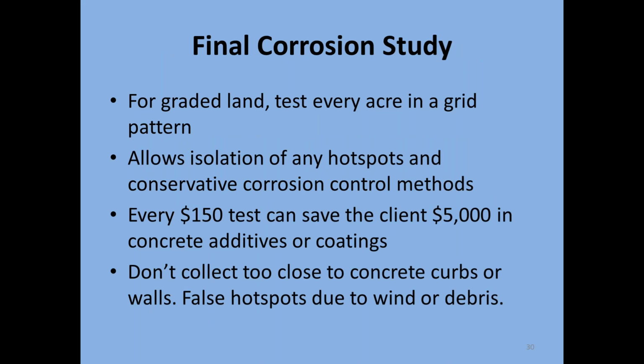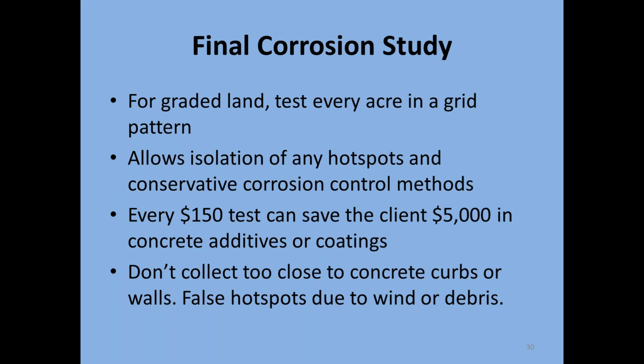And for the final corrosion studies, where usually the pads are prepared, that's when we recommend testing in every acre in a grid pattern, so that if any hotspots do occur, we can minimize the conservative corrosion control recommendations to a very localized area.